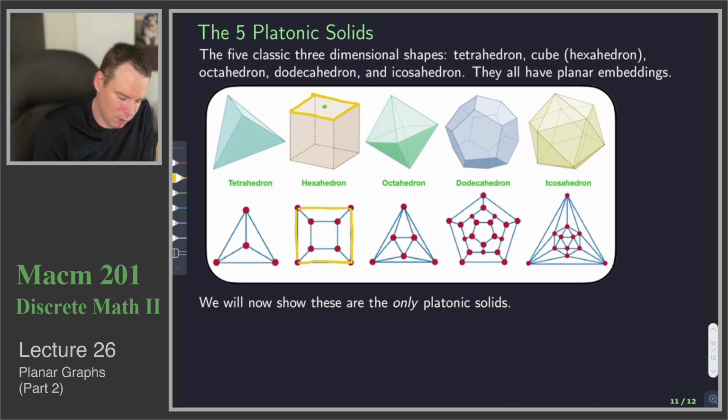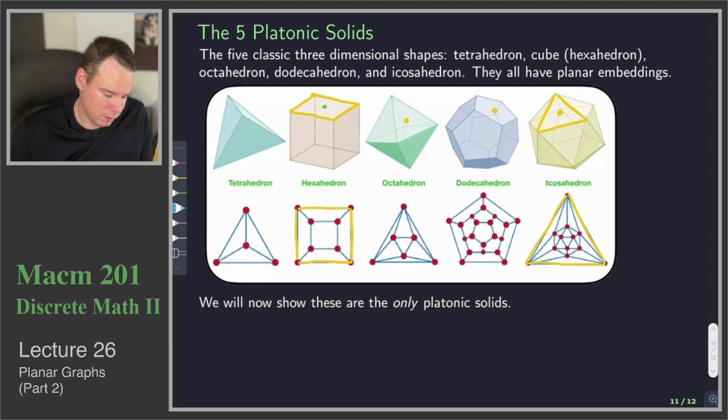You can do the same thing for the other shapes as well. You can puncture the middle of one of the faces, pull it open and push it down onto the plane. Similarly for the pentagon and the icosahedron. In all cases, the face that you puncture and then pull apart and lay down in the plane is that outer one here. So these are nice representations of these objects as graphs.